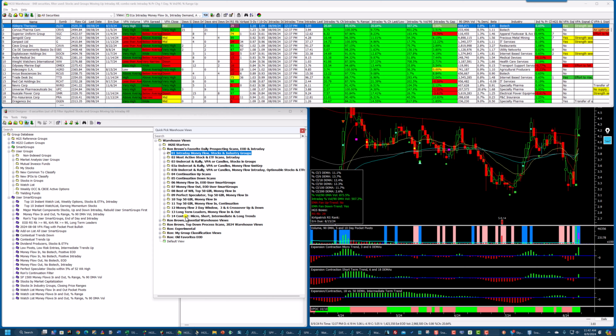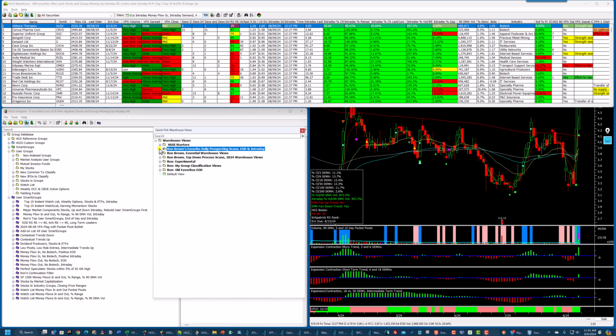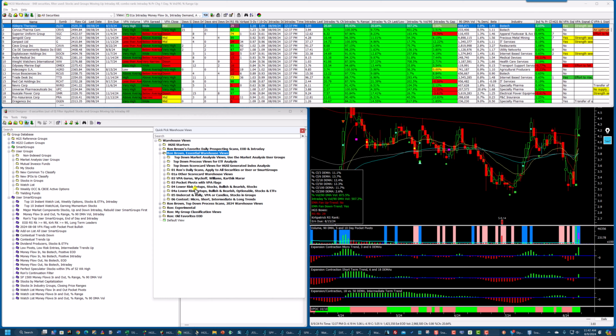Now, I've added this folder here. I've had it for several weeks in other parts of the program, but I'm putting it in my favorite daily prospecting scans, end of day and intraday, and you'll also find it in the essential warehouse views at number 6.